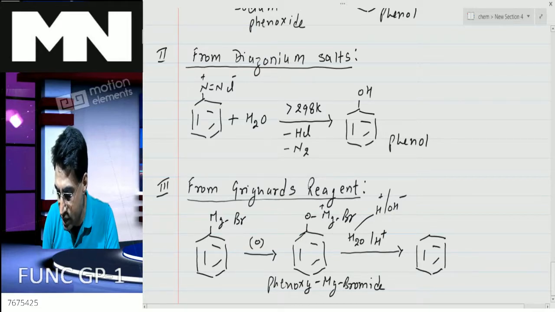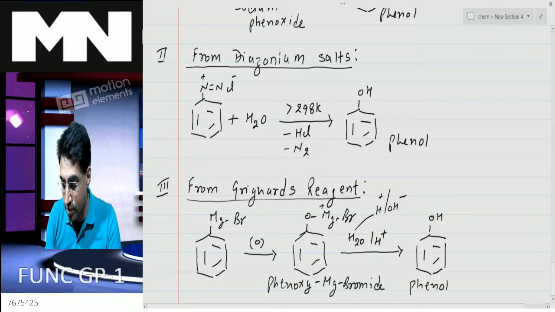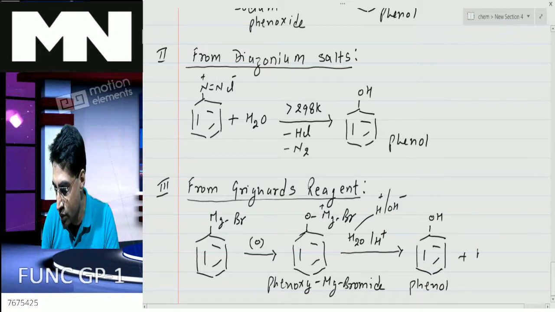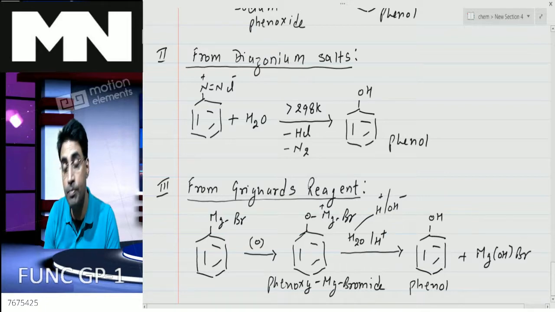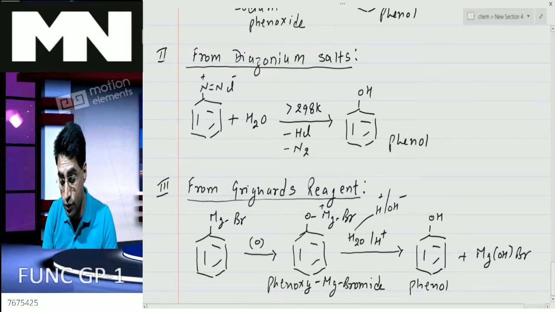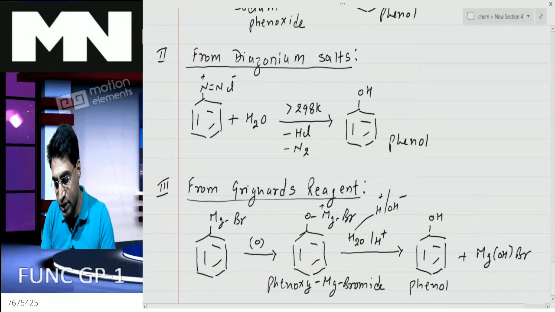You'll get a compound like this. This is phenol you are getting. The OH will combine with magnesium and bromine. That will form magnesium hydroxy bromide. So this is another method of preparation of phenol. So you can prepare phenol from sodium salt of benzene sulfonic acid, from diazonium salt, from Grignard's reagent.